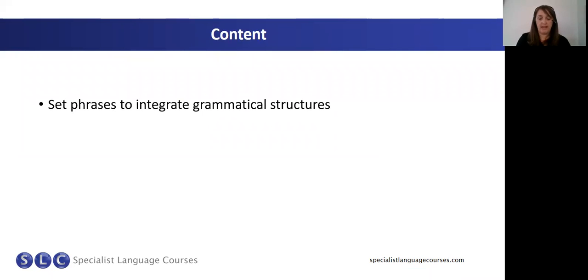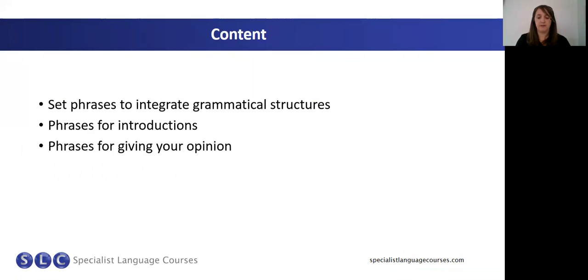So we're looking at band 7, which means you need to use a variety of complex structures and phrases to express your ideas. We're going to look at phrases for introductions, phrases for giving your opinion, and we're going to look at academic style and how you can improve your academic style.